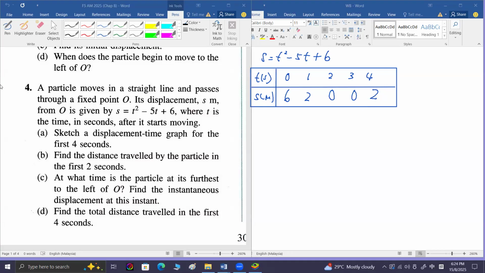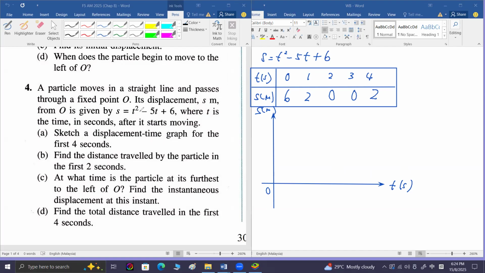Okay, next, class, listen to me. Now, how are we going to sketch? So this is a displacement time. Yeah, one more thing, class.